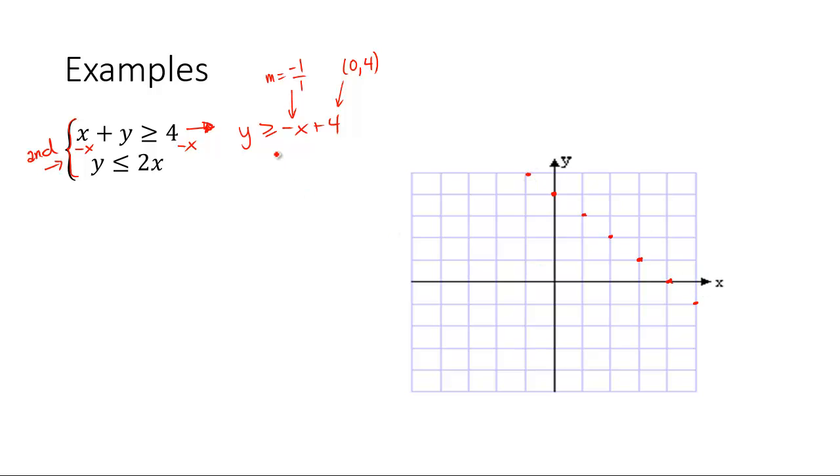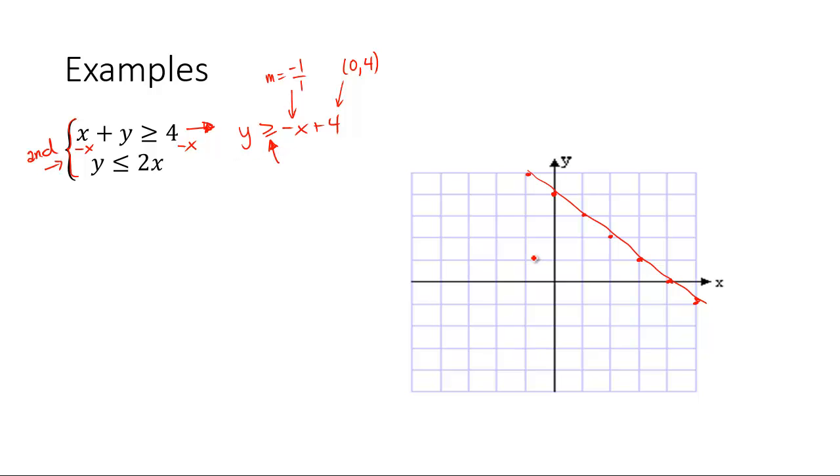Now, is the line solid or dashed? You can take a look at your inequality symbol. It includes an equal sign. That means all these boundary points are included as well.